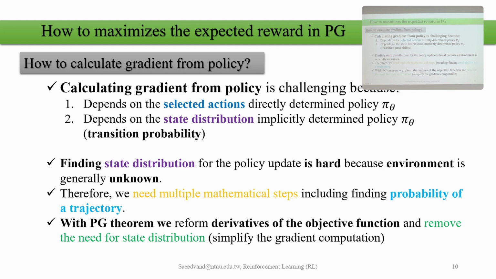Since we want to calculate the differences of the two policies and find a gradient, we need to use some policy gradient theorems that derive the objective function, and we have to remove this state distribution from directly calculating the objective, since we don't have it.